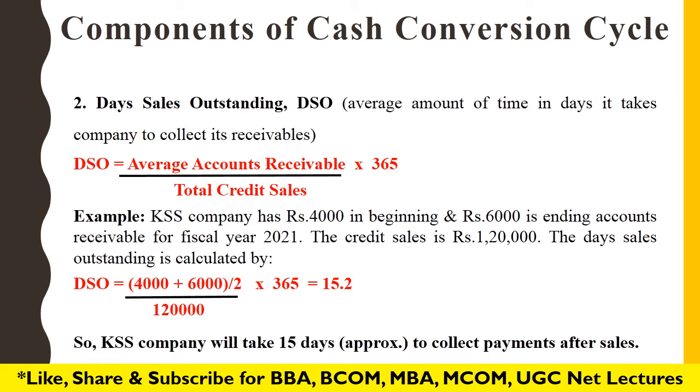So the days sales outstanding of KSS company is calculated by this formula, and we get the result, that is 15.2. So the company, that is KSS, takes approximately 15 days to collect payment after sales. So this is the days sales outstanding component.